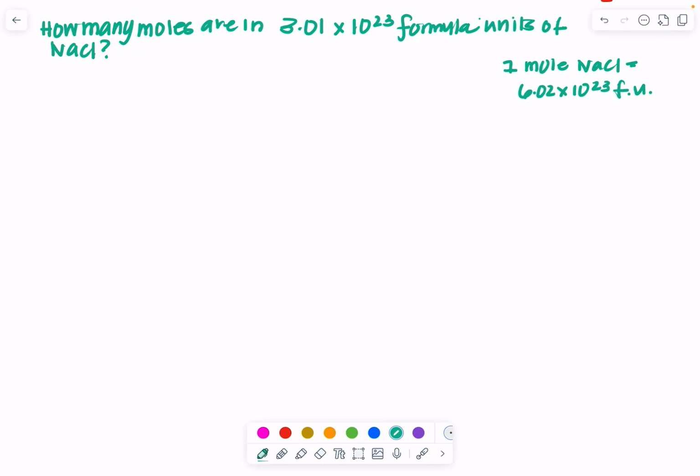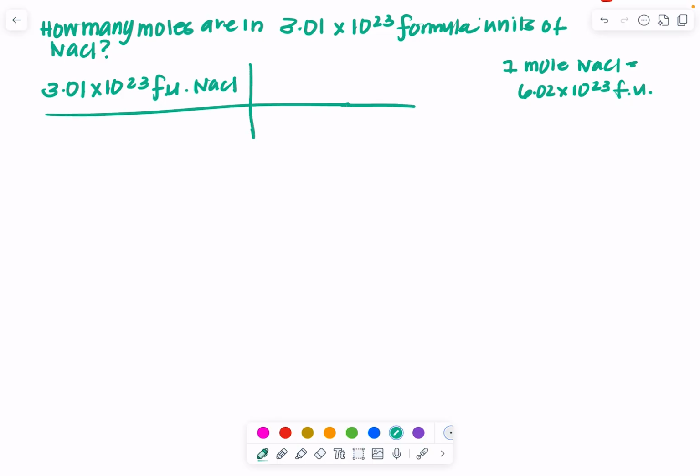So we always start with what we're given, 3.01 times 10 to the 23rd formula units of NaCl. We want to get rid of formula units, so we need formula units on the bottom. We want to go to moles, so we need moles on top. We know 1 mole of NaCl is equal to 6.02 times 10 to the 23rd.